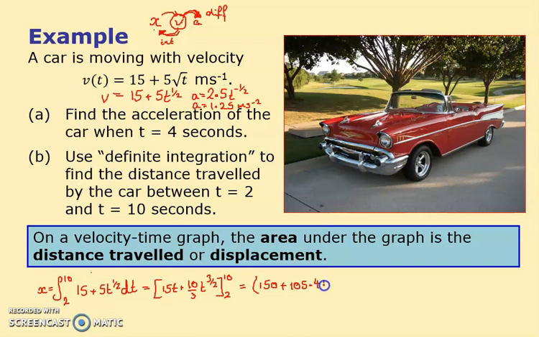Now I do exactly the same thing, and put 2 in, which gives 30, plus 10 thirds times 2 to the power 3 over 2, and I get 9.43 there.